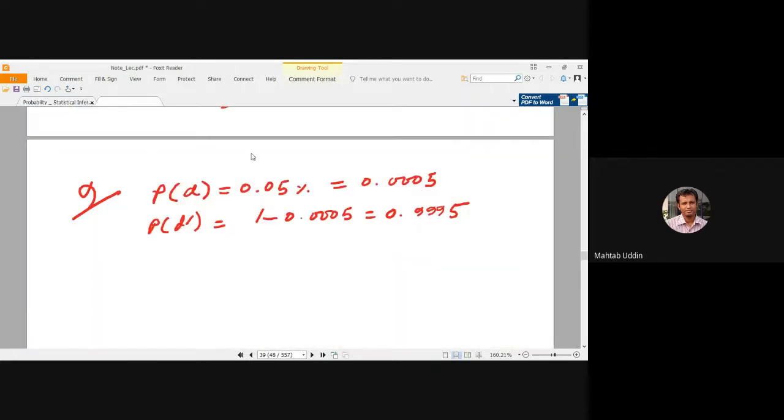Okay, that is disease present. We can take plus minus here, it will be better for us. So disease present and also detected is 0.99. Okay, so disease present but cannot be detected. What's this?